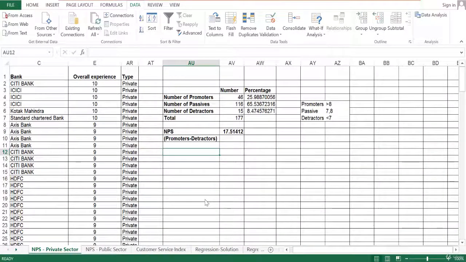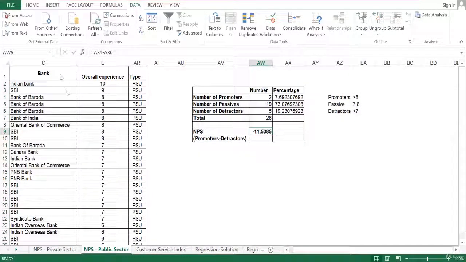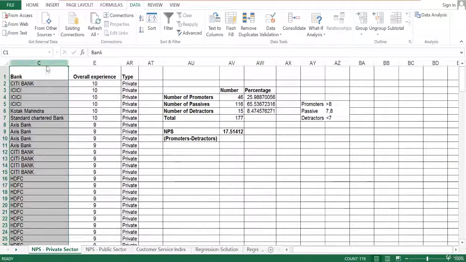In a similar way, we calculate the net promoter score for the private sector banks. Again, we have taken only a sample of responses. In the public sector we took only the public sector responses out of 200, which were 26, and the other respondents had a relationship with banks in the private sector.